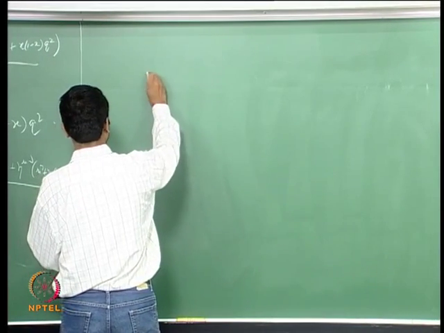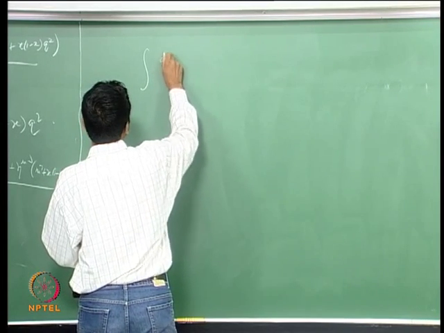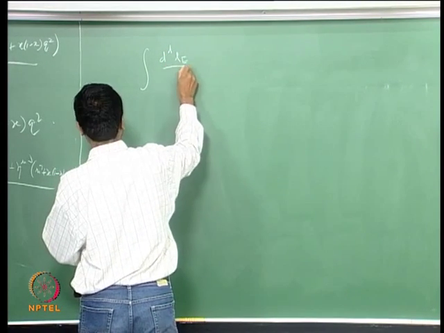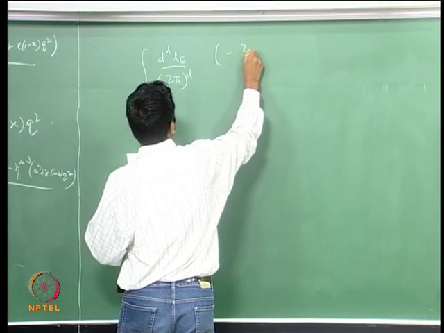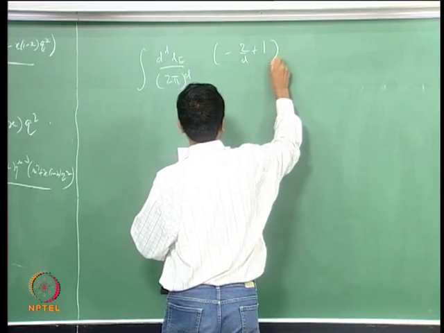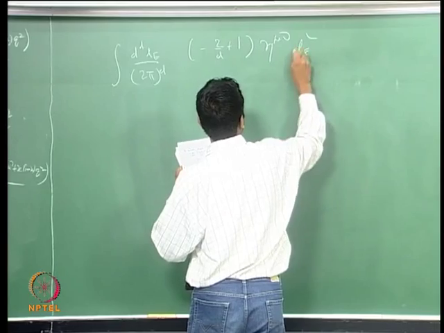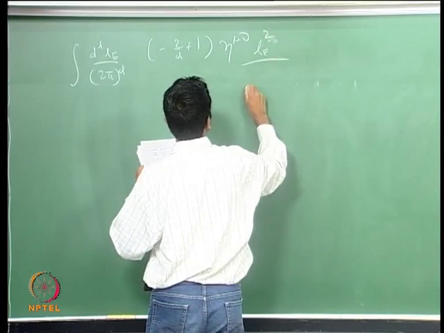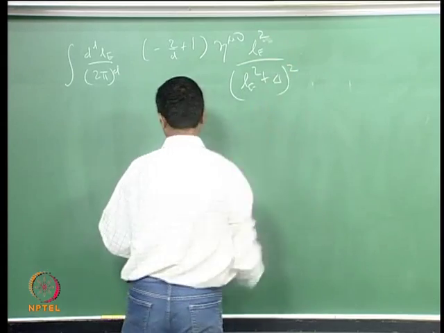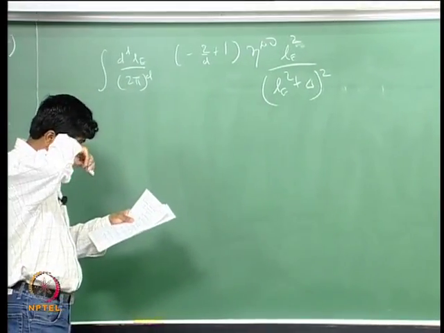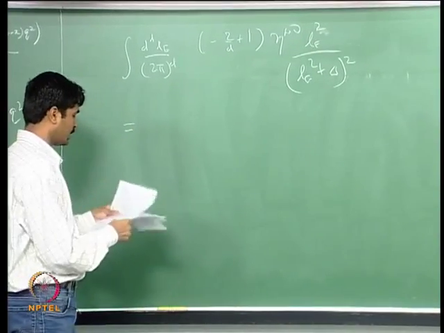So, what I get is d^d L_E divided by 2 pi to the power d, minus 2 over d plus 1, eta mu nu L_E square divided by L_E square plus delta whole square. So, we have evaluated this integration, and I will simply write the answer.